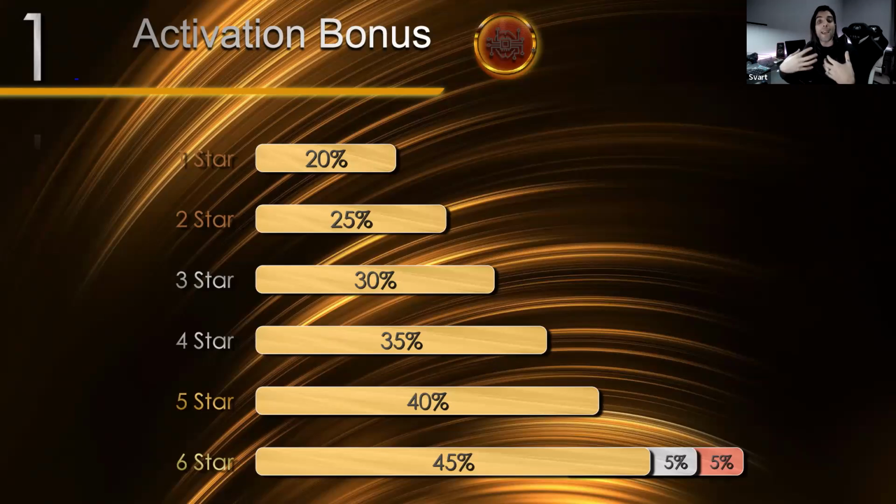For example, if I invite a new user and I have achieved the 3-star rank, I will gain 30% of the new user's subscription. So 30% of the $120 yearly subscription.